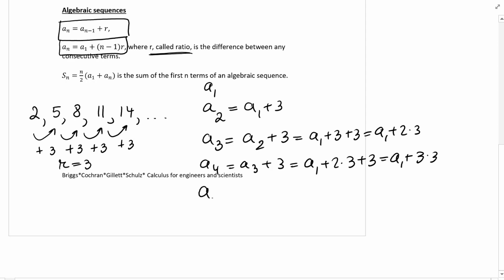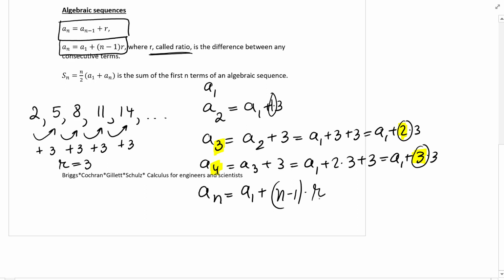So in other words, a sub n is the first term plus, you see the connection between this term and this one is 1 less, so it's (n minus 1) times 3, or times r in general.